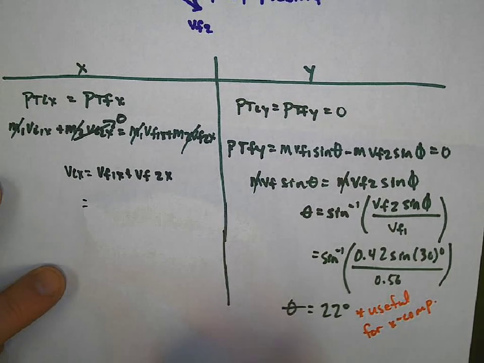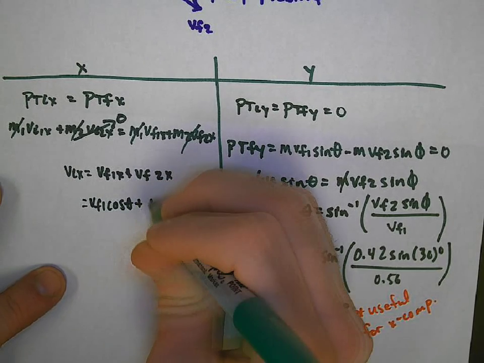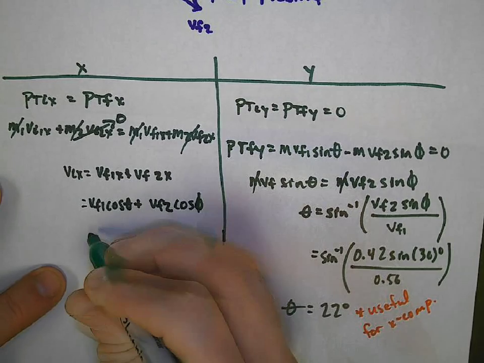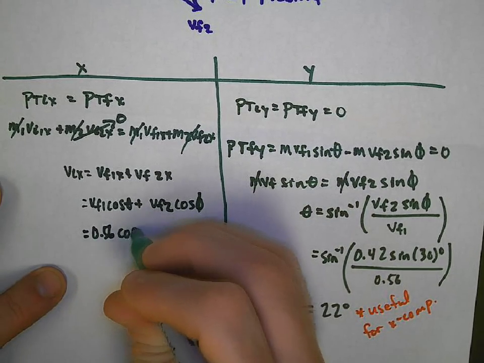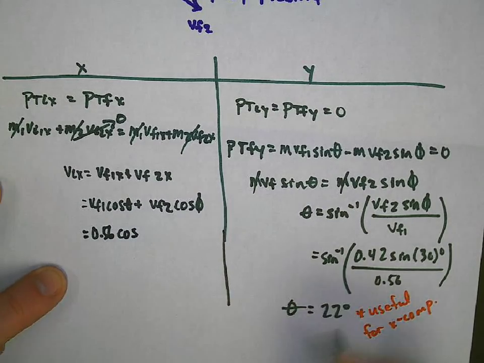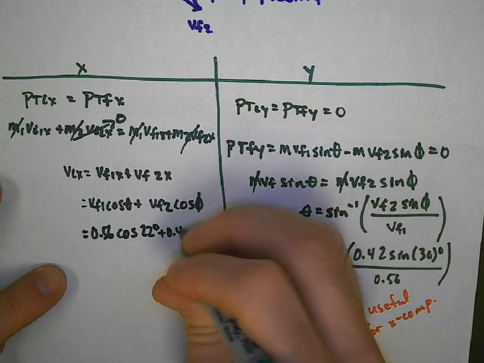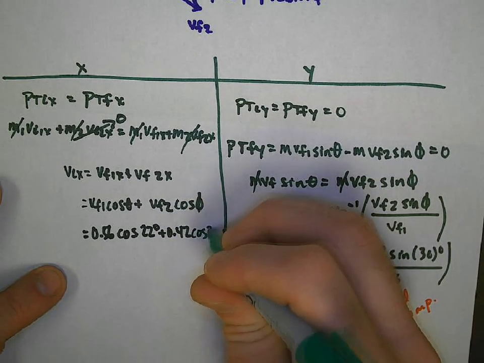So calculating that now, we have Vf1 cos theta plus Vf2 cos phi. So we get 0.56 meters per second cos of 22 degrees plus 0.42 meters per second cos 30 degrees.